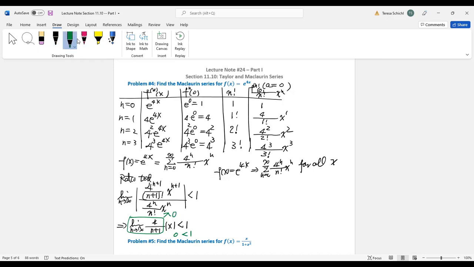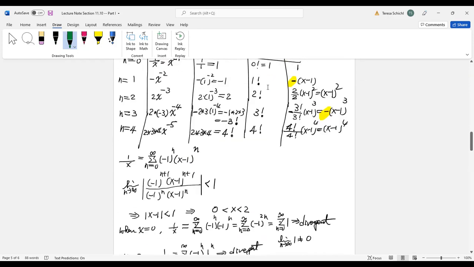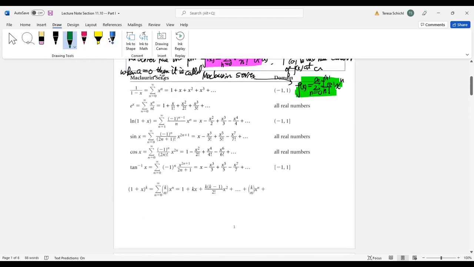And then the last thing I want to show here, because this is e to the 4x. At the beginning, I said, hey, take a look here, right? This is the very common Maclaurin series. As you can see here, e to the x is equal to 1 plus, and this is the formula, the sum of x to the n over n factorial. So now you have e to the 4x, right?